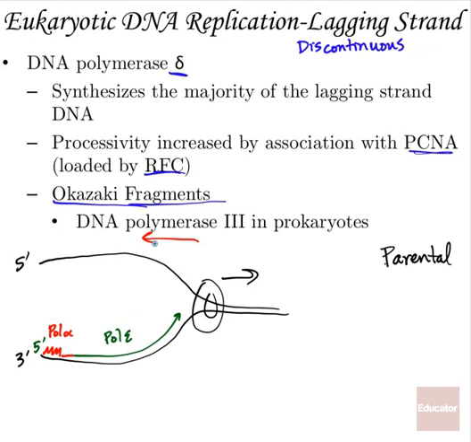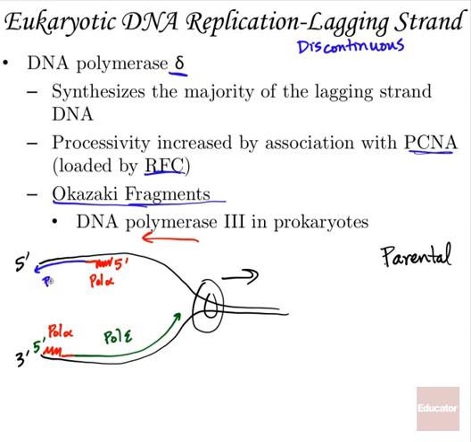So what we have is, for example, we lay down a primer, that little piece of DNA, all by pol alpha. The 5' is over here, meaning we have to go to the left side. Well, pol delta is what's going to synthesize the majority of this strand.